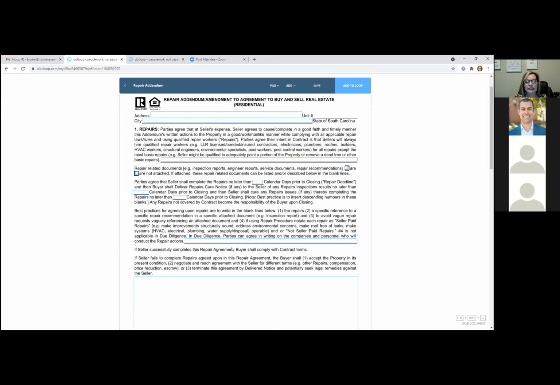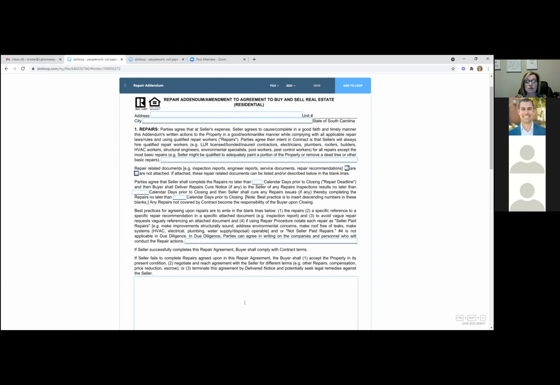If seller successfully completes the repair agreement, buyer shall comply with the contract terms. If seller fails to complete repairs agreed upon in the repair agreement, the buyer shall accept the property in its present condition, negotiate to reach agreement with the seller for different terms, other repair compensation, price reduction, escrow, whatever, or terminate this agreement by delivering notice and potentially seek legal remedies against the seller.